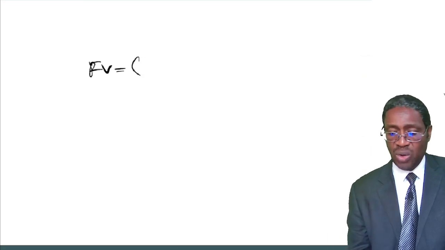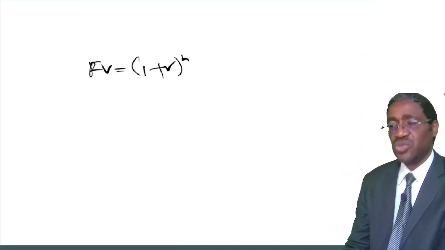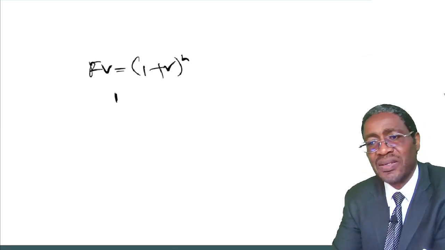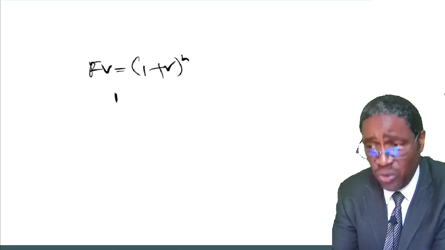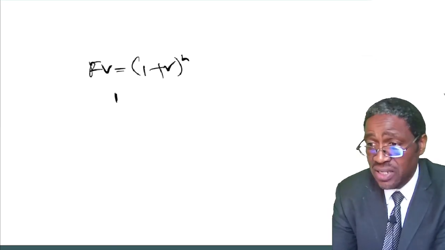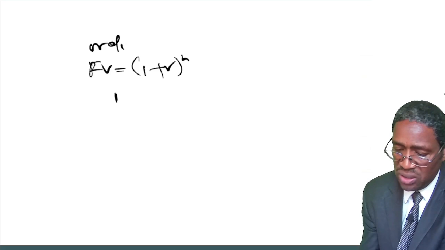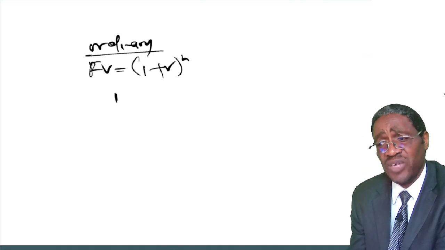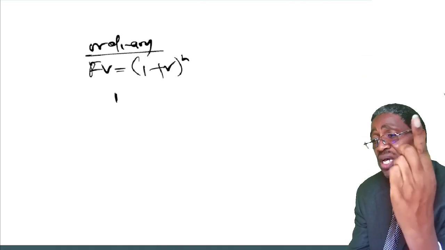Future value for a single amount was 1 plus r to the power of n. That was a formula. So, if I am investing for a period of 4 years, then I can say the amount I'm investing by the end of year 1, we are discussing the ordinary one, will only earn me interest in year 2, 3, and year 4.